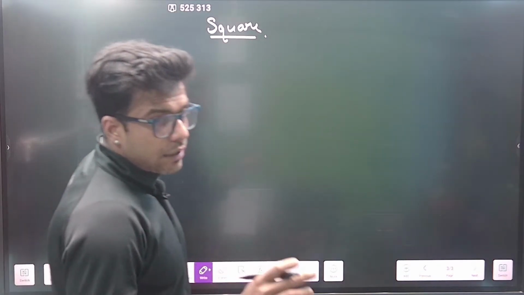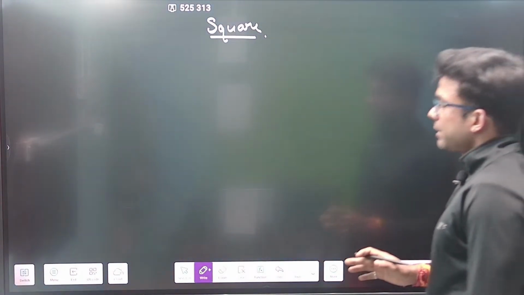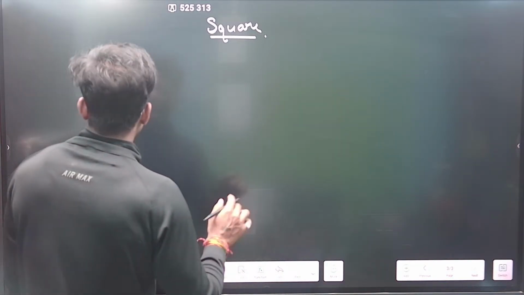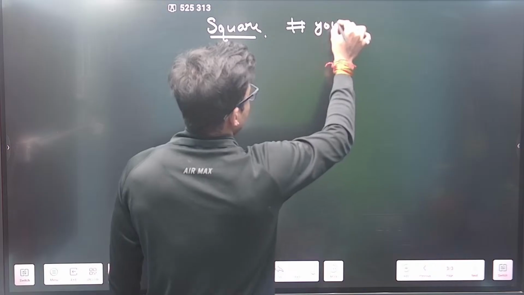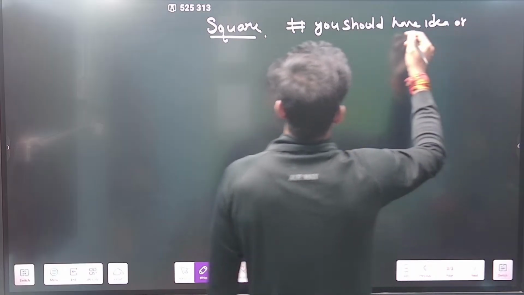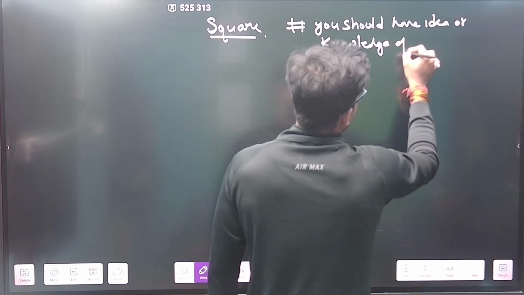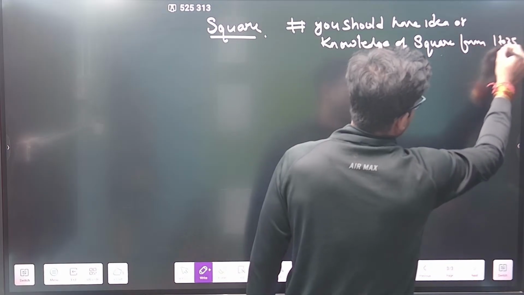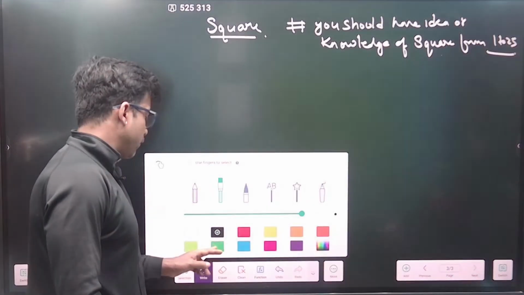Before starting this, I would request all of you, everyone, those who will watch me now or in the near future, that you should learn at least squares from 1 to 25. So the prerequisite requirement is that you should have knowledge of squares from 1 to 25.